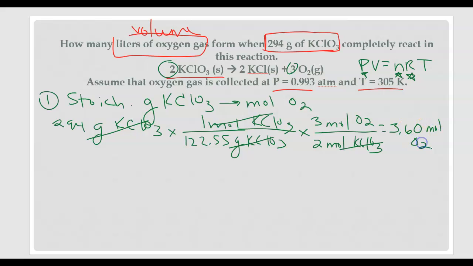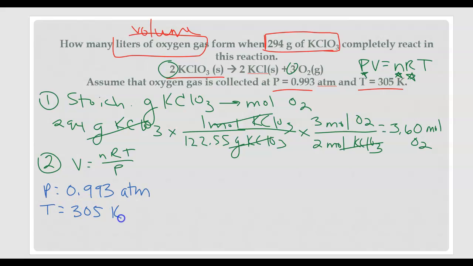of oxygen. So our second step then is that we need to solve for volume of oxygen gas, and so we need to do volume is equal to nRT over P. So we're given P at 0.993 atmospheres. We have temperature 305 Kelvin, and our R is 0.0821 liters atmosphere per mole Kelvin.